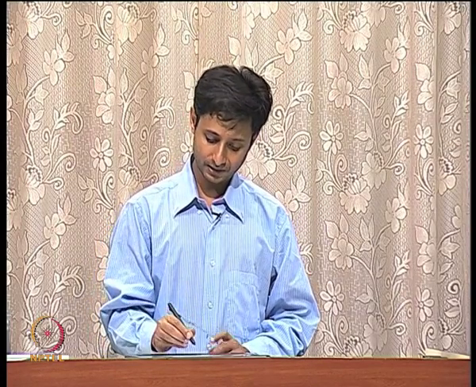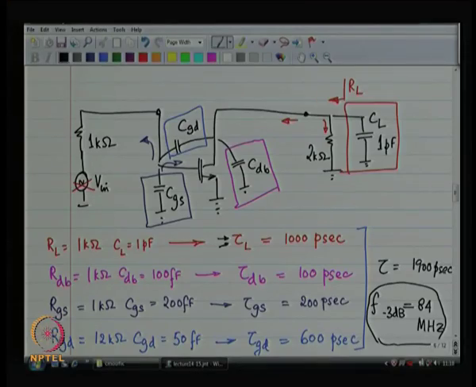Tau L was the culprit, right. So, why was tau L the culprit? You can't escape the load capacitor, it is 1 picofarad. Now, the problem was that along with the load capacitor, at that point you see an impedance of 1 kilo ohm, 2 kilo ohm parallel 2 kilo ohm, that was 1 kilo ohm, that was causing the problems, right.